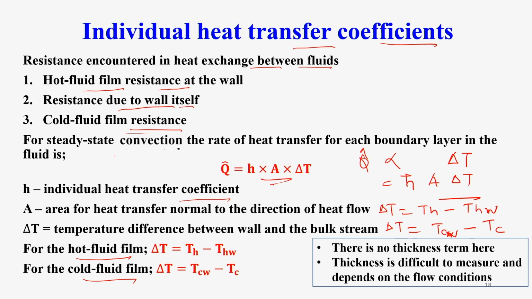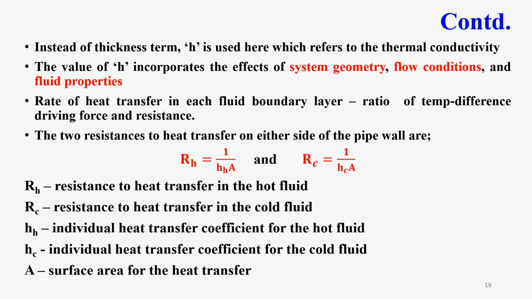So in this equation there is no thickness term, like in the case of conduction. Instead of thickness, the heat transfer coefficient h is used, which is similar to the thermal conductivity in conduction heat transfer.